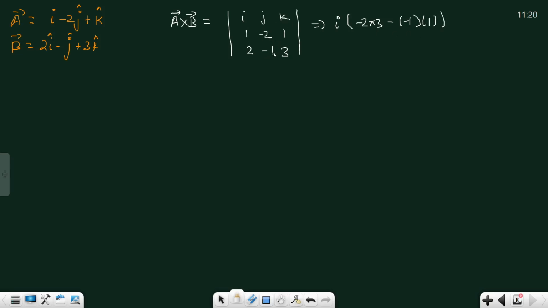Minus 2 into 3 minus 1 into 1. Is it correct?